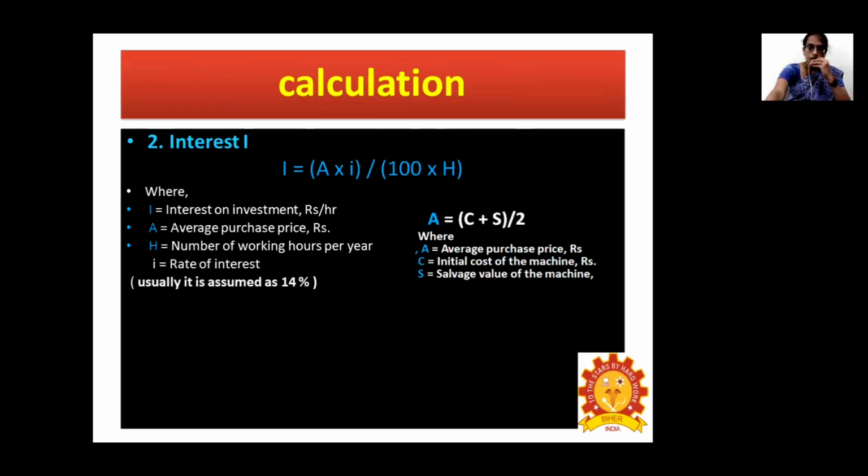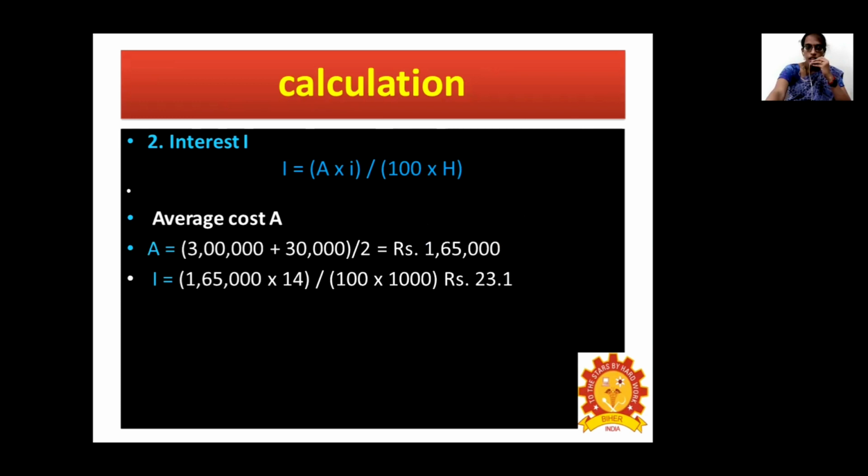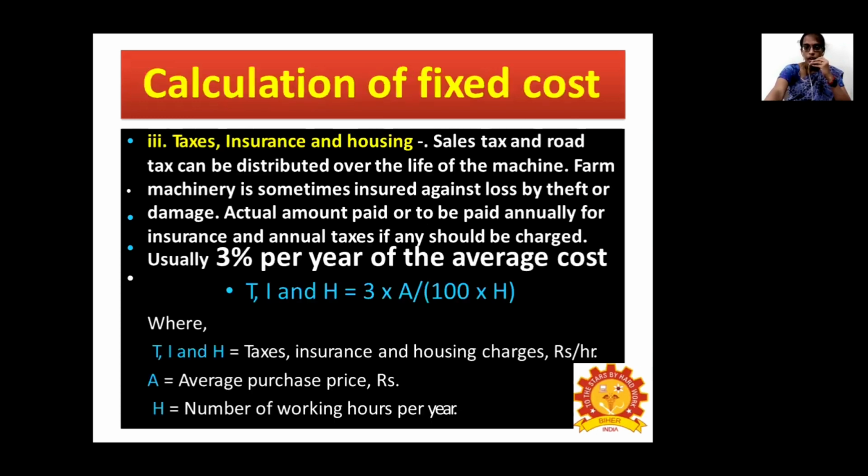Next one is the interest. We can calculate the average purchase price, which is the average of the initial cost plus salvage value of the machine, and I is the rate of interest. If you divide by 100 into the number of working hours, you can calculate the interest, which is rupees 23.1.